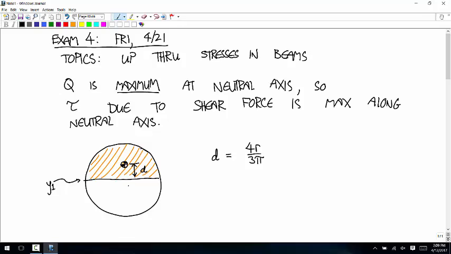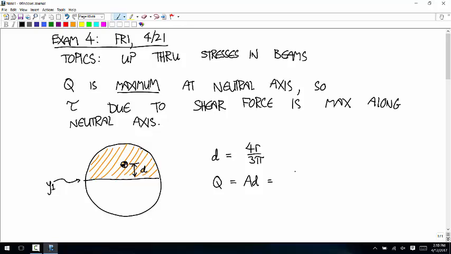That's just the distance from the neutral axis to the centroid. Okay? And so in that Q formula, that's D. And so Q is equal to the area times D. No, the area above that line. And so it's half of the area of a circle.